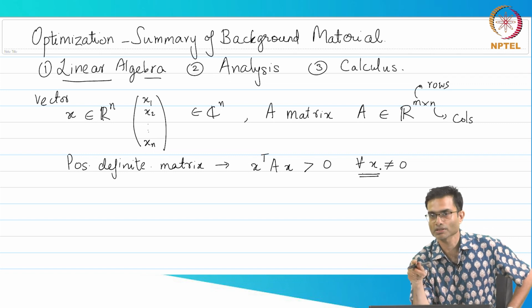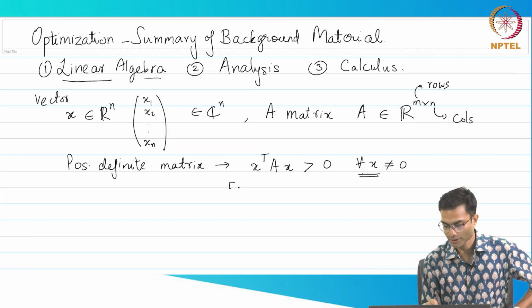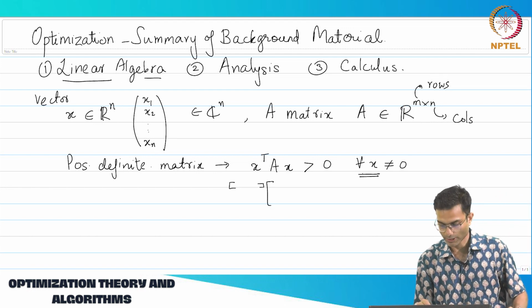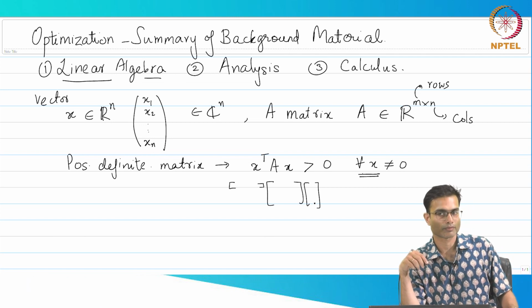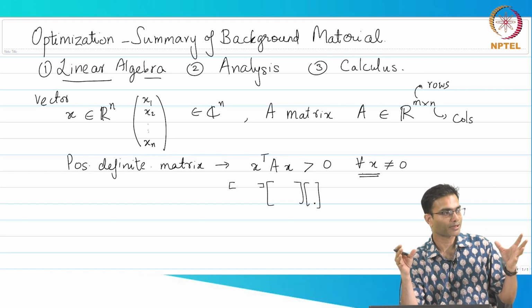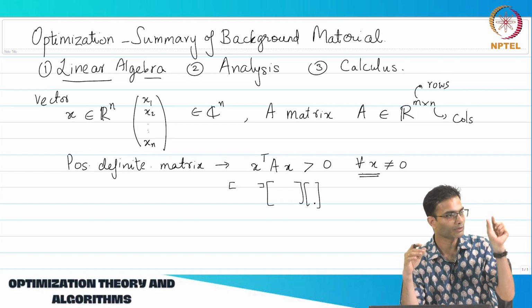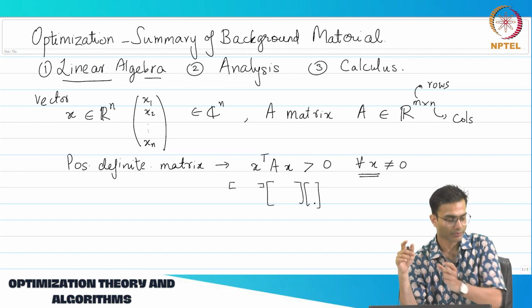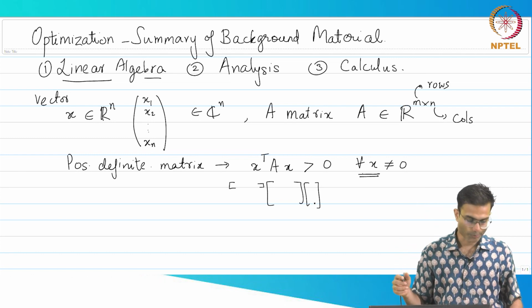A nice way to visualize this is x transpose is a row vector, then I have a matrix, and then I have a vector over here, right? Now x transpose Ax looks like a big expression, but it's boiling down into a single scalar. Therefore, I can compare a single scalar against 0 and say greater than 0, right? So this is a positive definite matrix.